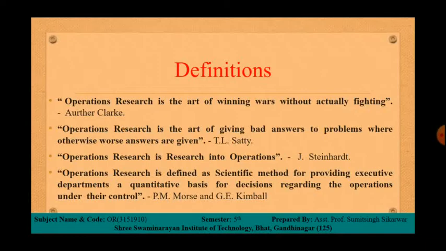Now, this definition suggests that operation research provides a scientific method for an executive to make an optimal decision, but it does not give any information about the various models or methods we need to utilize for solving these problems. But it suggests that executives can use scientific method for decision making.